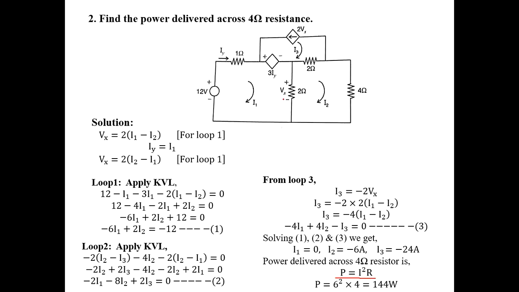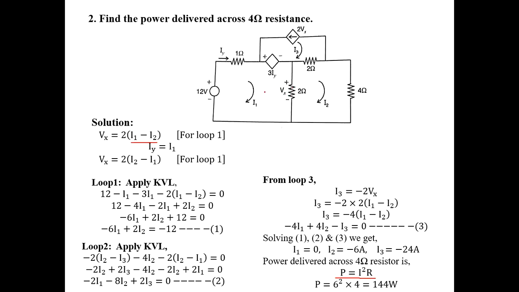By Ohm's law, V equals I into R. We can write Vx equal to 2 into the currents I1 and I2, that is I1 minus I2. Why I am putting I1 minus I2 is because for loop 1, we have to write the equation initially.